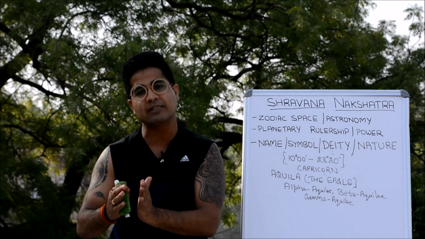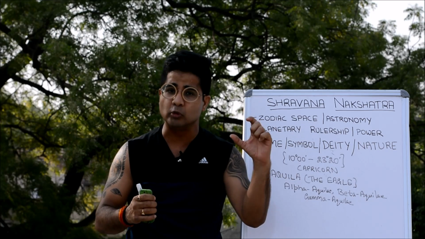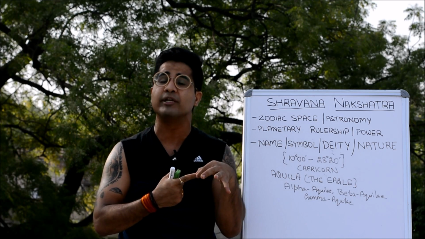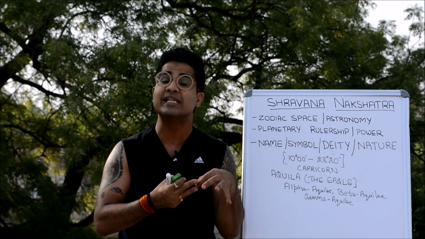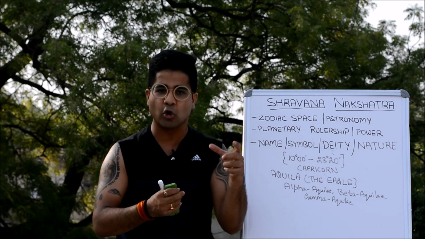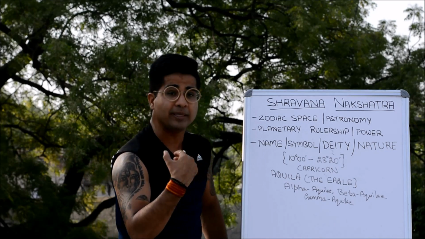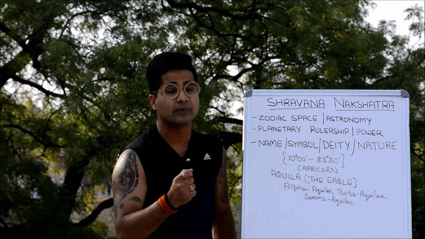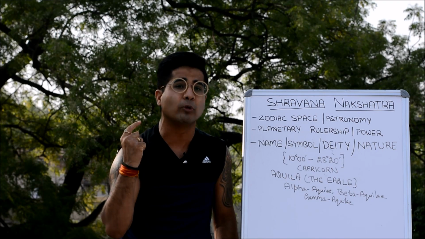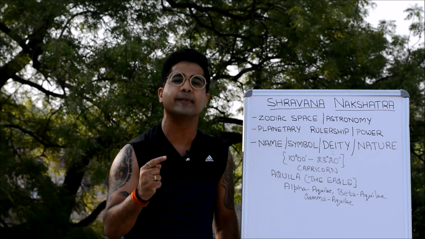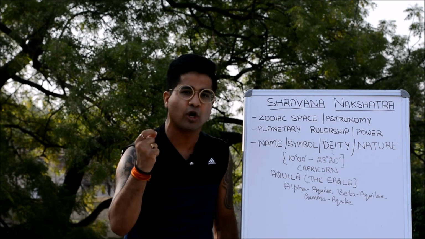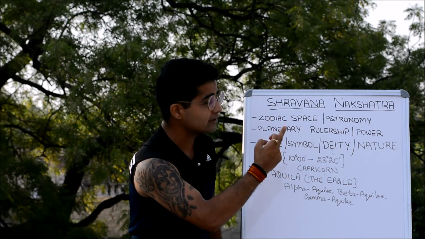And in its negative aspect, the intensity of the moon can make someone afflicted with imaginary fears, phobias, vacillation, too much changeability. So all of that remains, be it on the positive or the negative side, in the functioning of this Shravana Nakshatra. And just because it is the nakshatra number 22 and 2 is the number associated with the moon, double 2 can be seen as the intensification of the energy of the moon in this nakshatra.